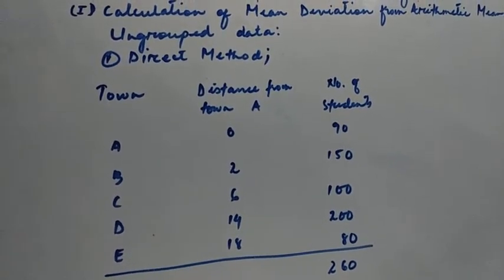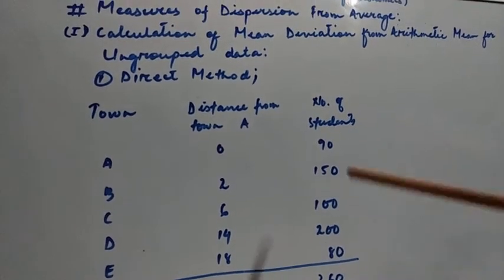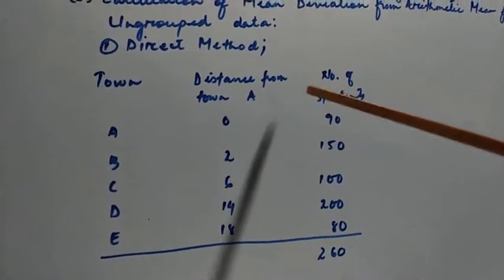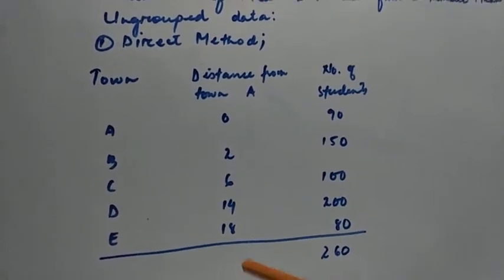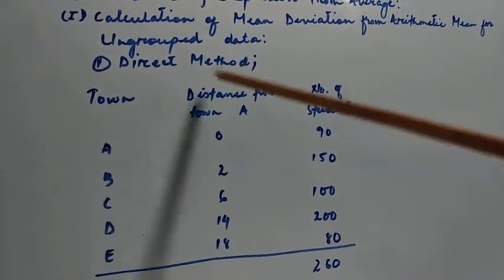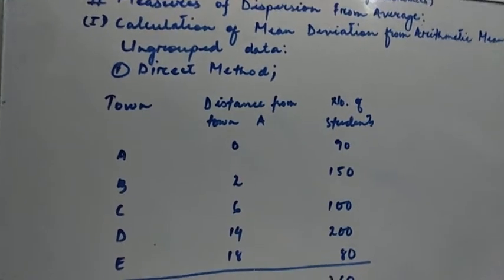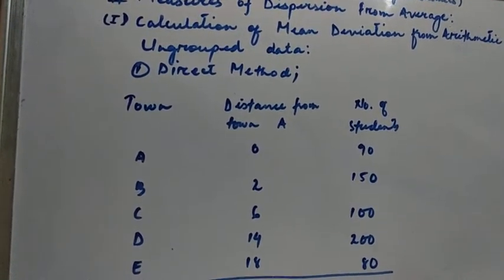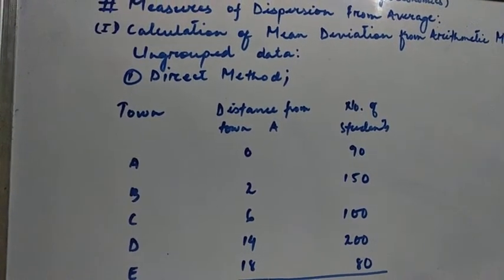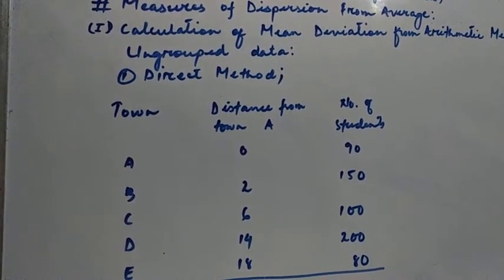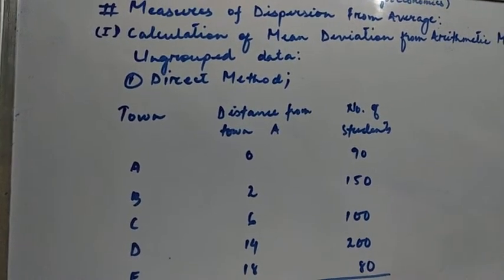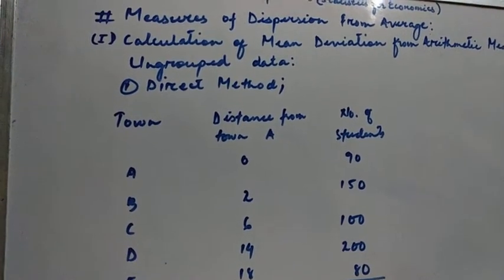So the calculation of mean deviation from arithmetic mean for ungrouped data can be done with this example. Firstly, we have the direct method. And then we will also do the mean deviation from the median for ungrouped data, and then mean deviation from mean for continuous distribution.